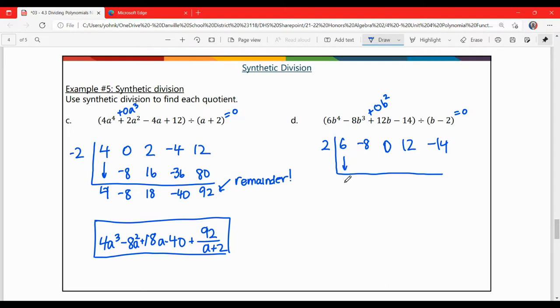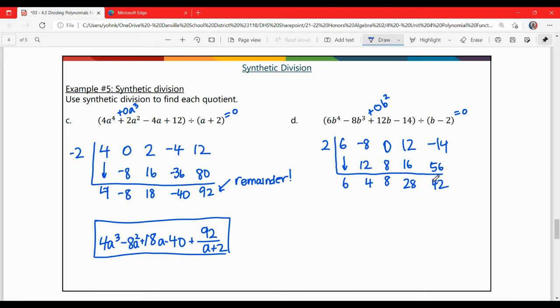So we drop the 6, multiply to get 12, add to get 4, multiply to get 8, add to get 8, multiply to get 16, add to get 28, multiply to get 56, subtract to get 42.